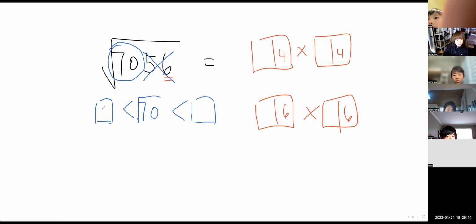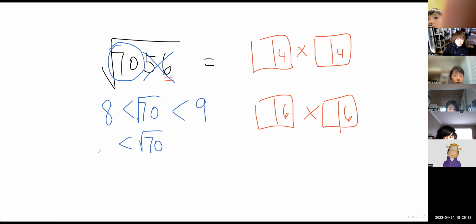Yes, good. 8 and 9. I just want you to give me directly the number. So 8 and 9, right? Get it? Because square root 70 lies between square root 64 and square root 81, correct? So you just get this one here.